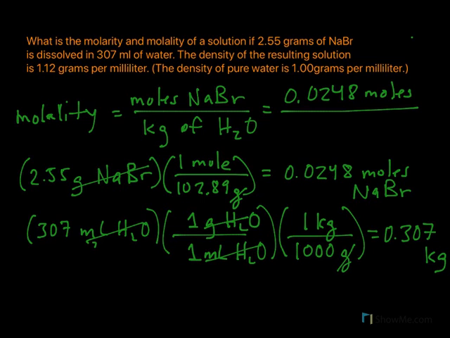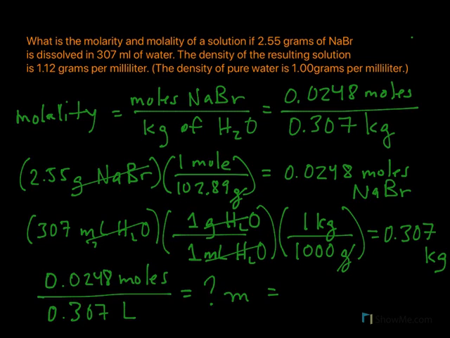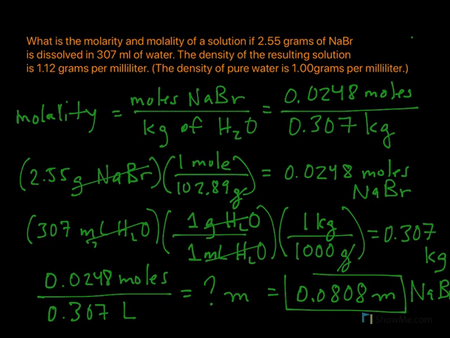So we put this in our denominator and solve for molality. And our answer is 0.0808 molal of sodium bromide. So this is the molality of our solution.